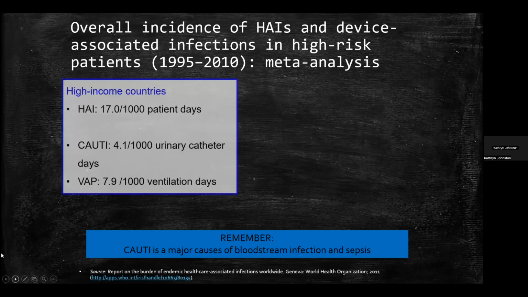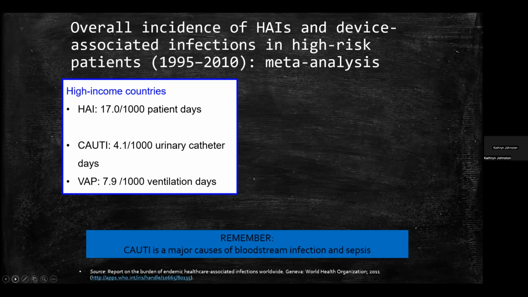The risk is significantly greater, and you can see that the incidence here is 17 HAIs per 1,000 patient days. When you look at catheter-associated urinary tract infections, it was 4.1 per 1,000 urinary catheter days, and ventilator-associated pneumonia was 7.9 per 1,000 ventilator days.